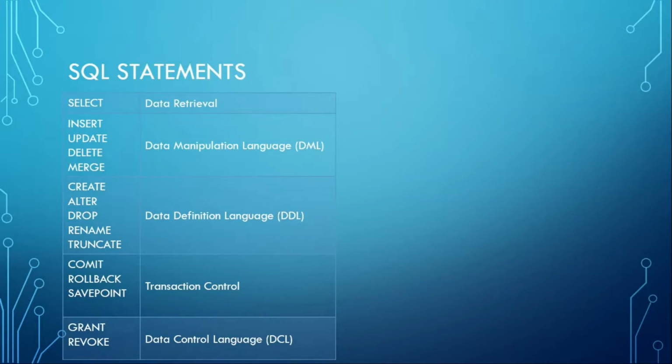And functionally, it is complete. Why is it functionally complete? In SQL there are statements which help you retrieve the data, manipulate the data, define the data. So overall all the functionality needed is present. That's why it is functionally complete.